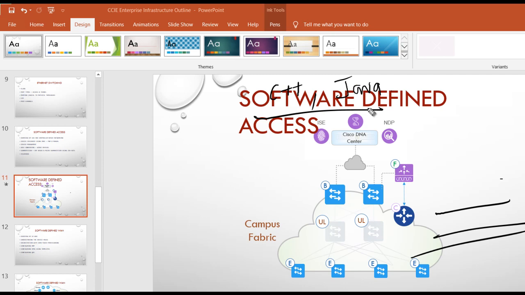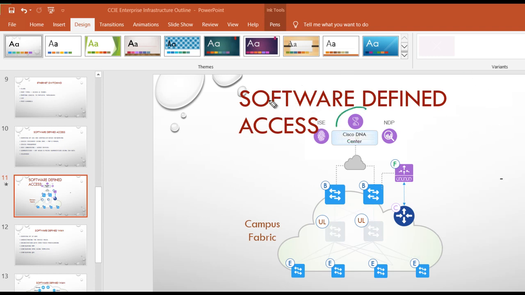So the DNAC that you see here will be the one doing all of the controller-based rollout for configuring our underlay.